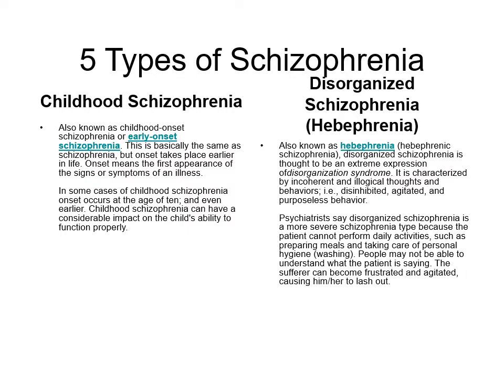We do think that disorganized schizophrenia is the most severe type of schizophrenia because even just the smallest things that we have to do in the daytime, like putting your shoes on, they have a really hard time coping and functioning, and they're not able to verbally communicate either, and so it causes patients to be really frustrated, get really agitated, and this is where people can turn violent.